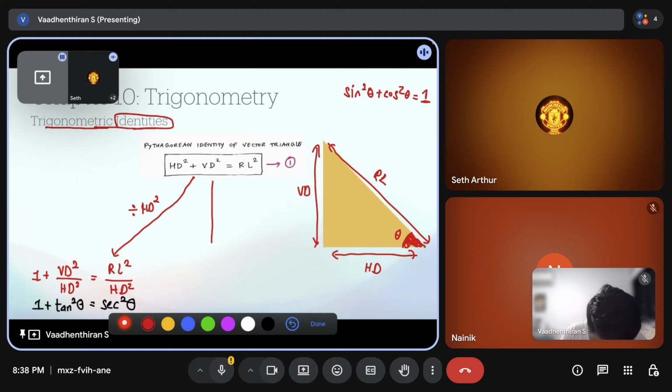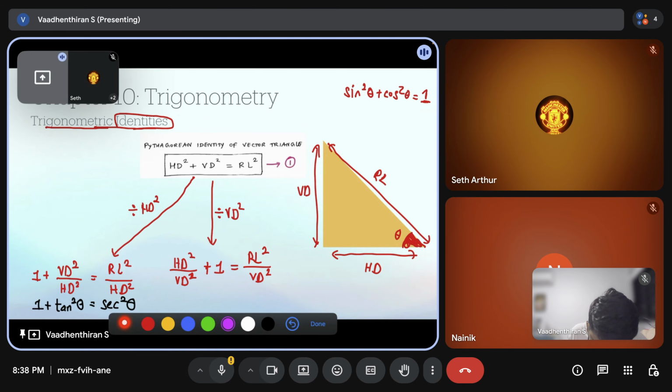Then for the second identity, we divide by VD squared. So you will get HD squared over VD squared plus 1 equals RL squared over VD squared.